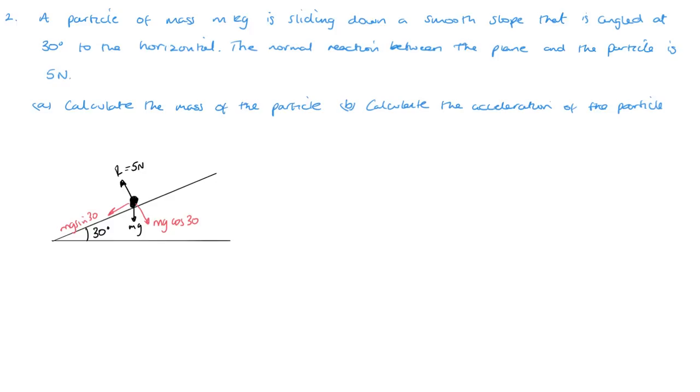Right, so for part A, we're going to resolve perpendicular to the slope. So R equals mg cos 30, and R is 5 newtons.